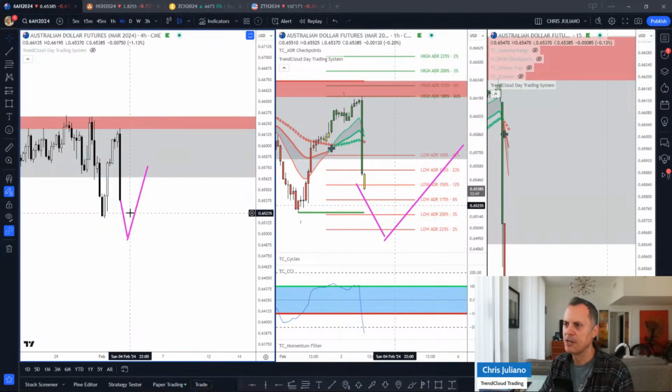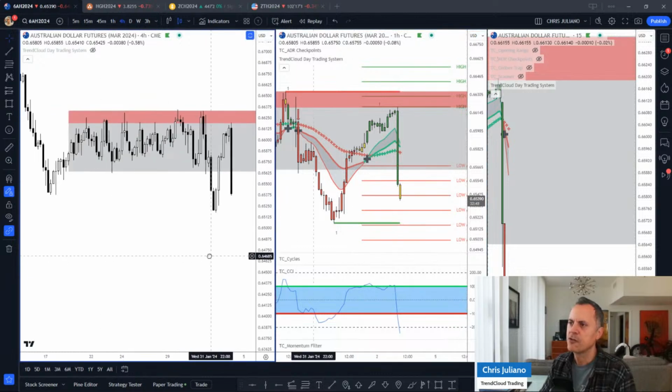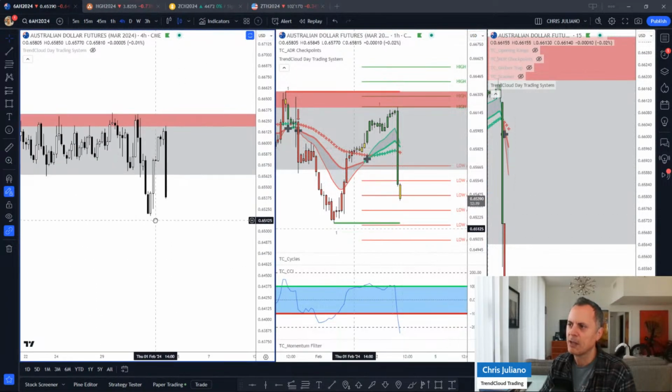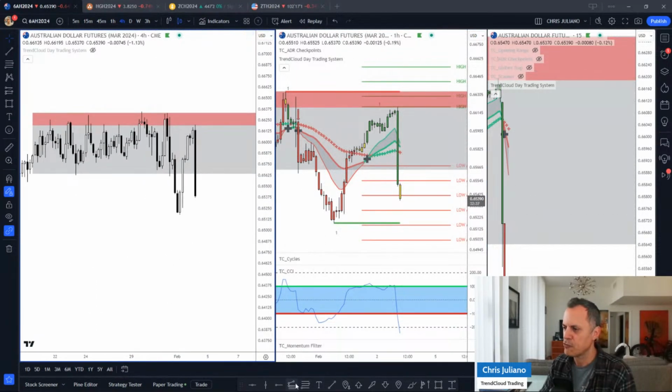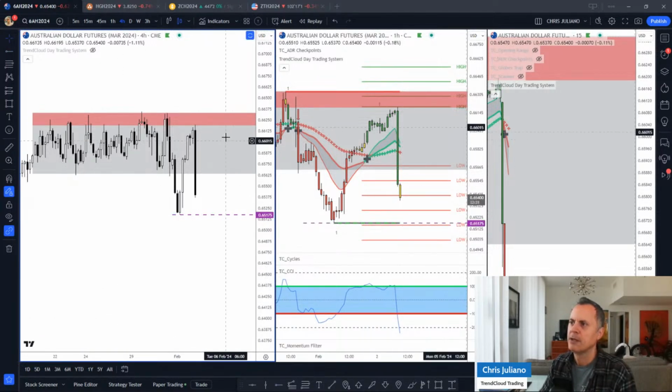So we're pretty much just going sideways. We need to see break of structure. That's what we need to see. If it does pull back up into here, you can take a small chance to go short.